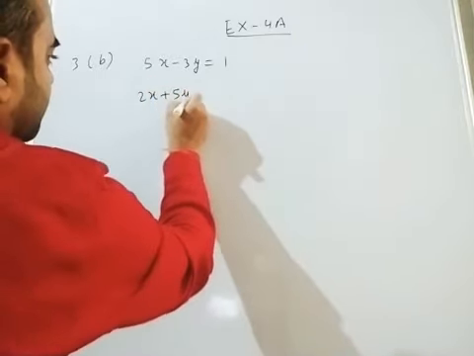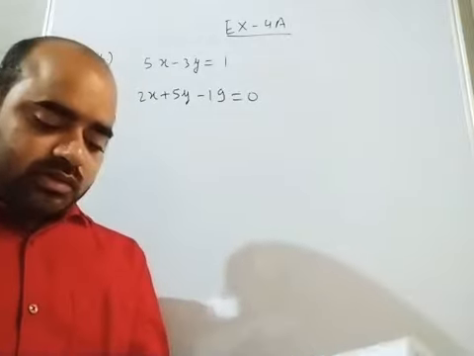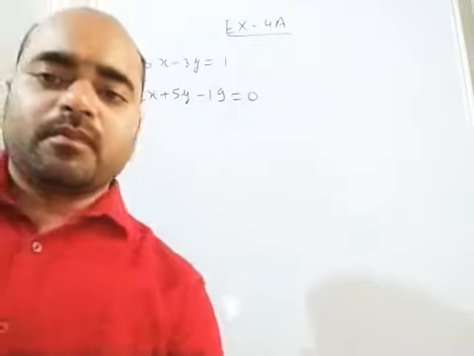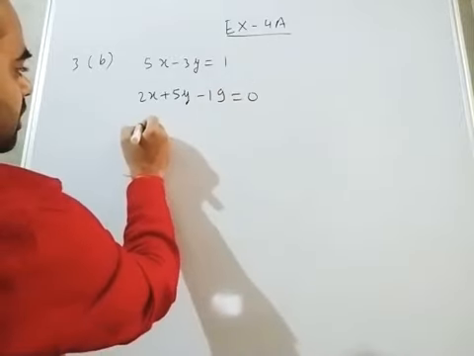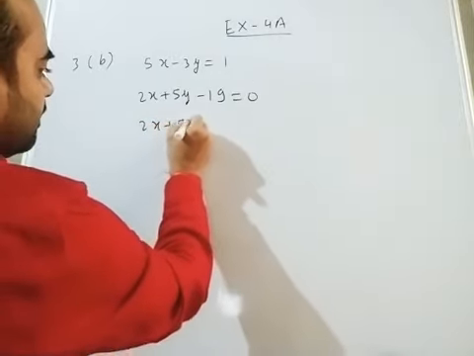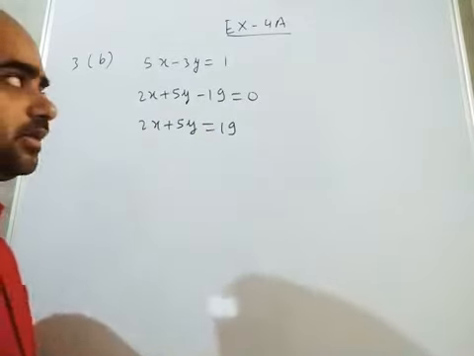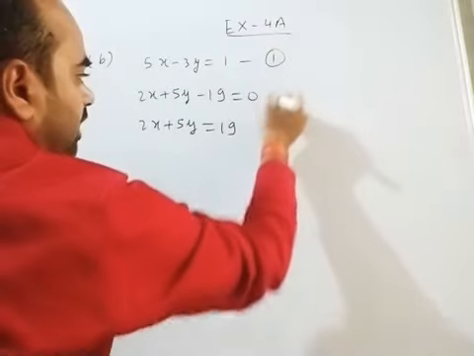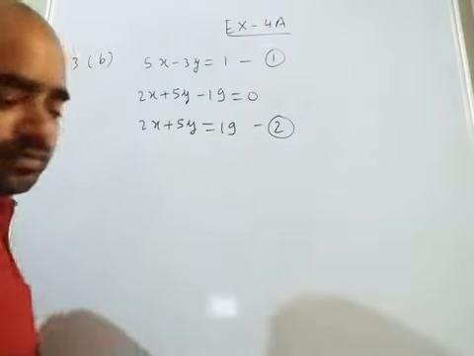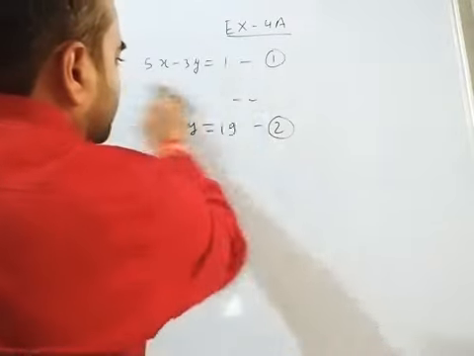Now we can write this equation as second equation: 2x plus 5y is equal to 19. Now we have two equations, equation 1 and equation 2.